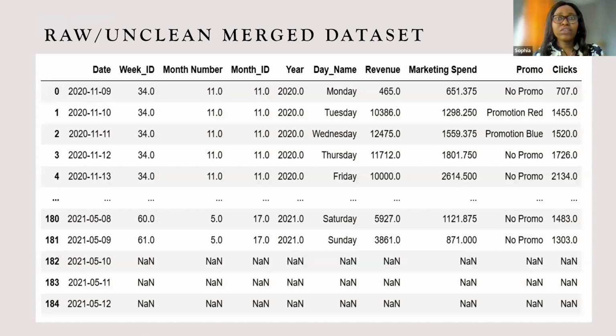And then after merging the data sets, this was what I had. We had the date feature, week ID, week month number, month ID, year, day number, revenue, marketing spend.